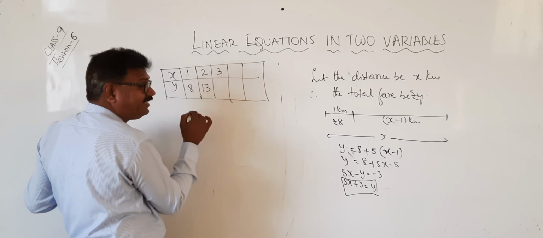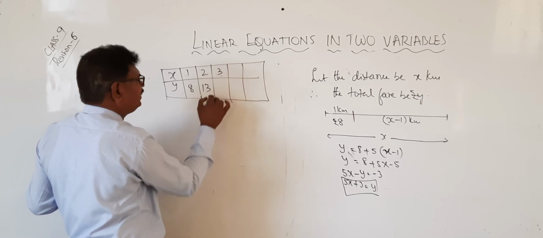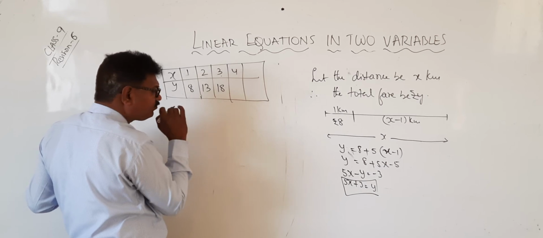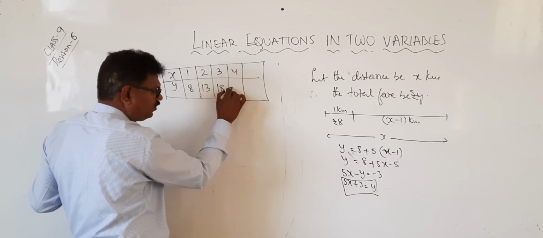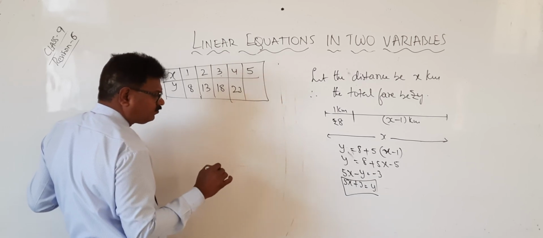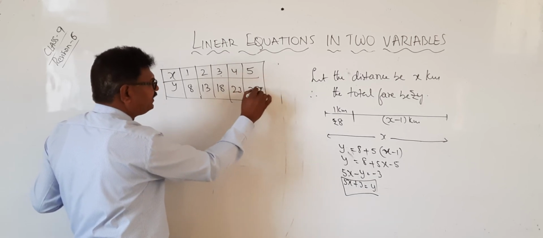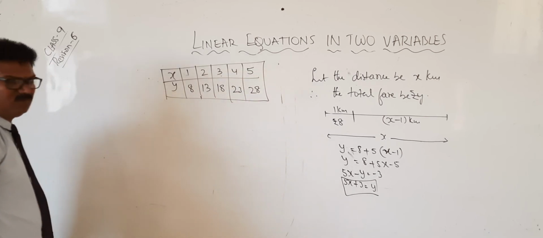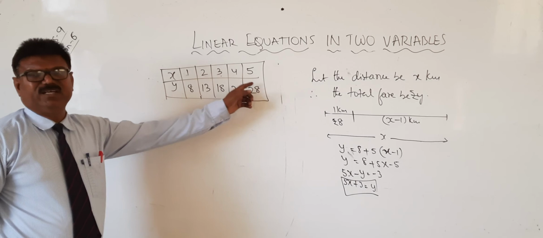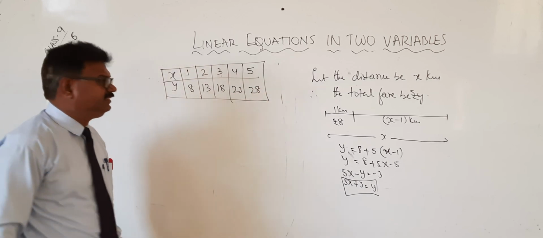If it is 3, it is 18. If it is 4, it is 23. If it is 5, it is 28. Okay? That means what? For every kilometer, 5 rupees will be increasing.